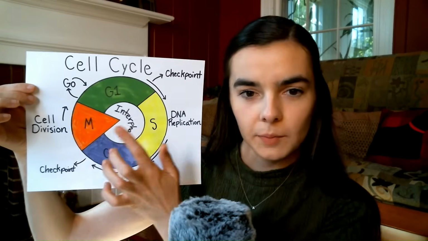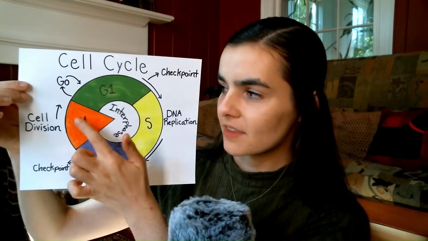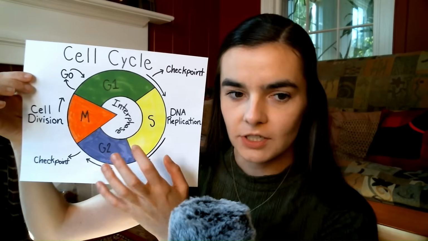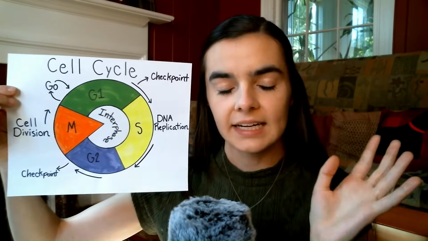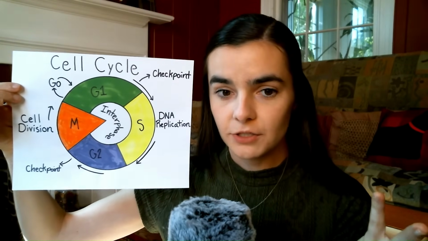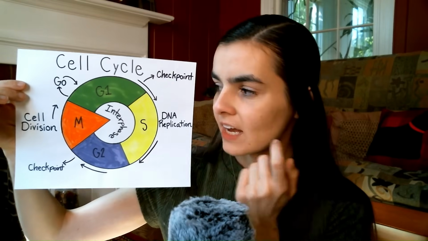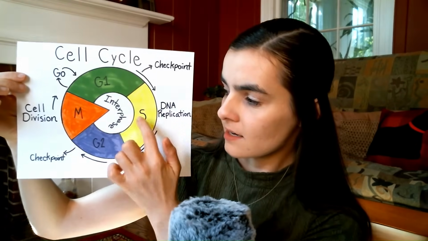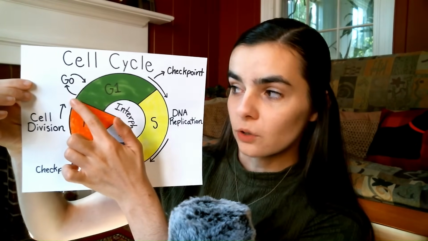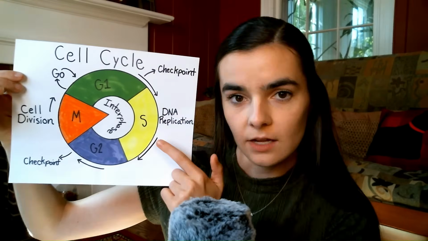So you probably know, or maybe from my previous video, that the cell cycle is what all of your cells are going through, and it is what they do to divide. So your cells are constantly dividing and creating new cells. To do that, the cell will grow here, and then its DNA replicates.